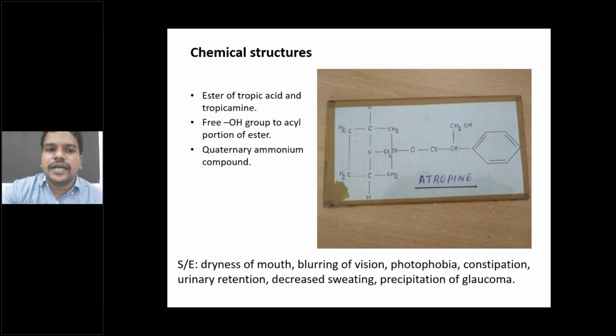This atropine is a quaternary ammonium compound. This is about the chemical structure of atropine. No need to write this matter in your examination; it is given for you to identify atropine.